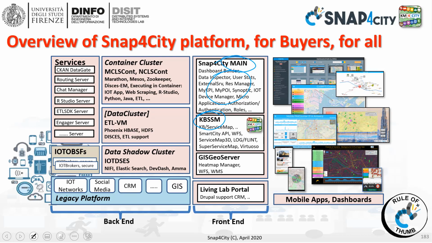It also includes the Virtuoso database that can be clustered also. And the next one is the GeoServer, GIS GeoServer, that can be used for distributing heat maps and images for the background according to the WFS, WMS protocols.